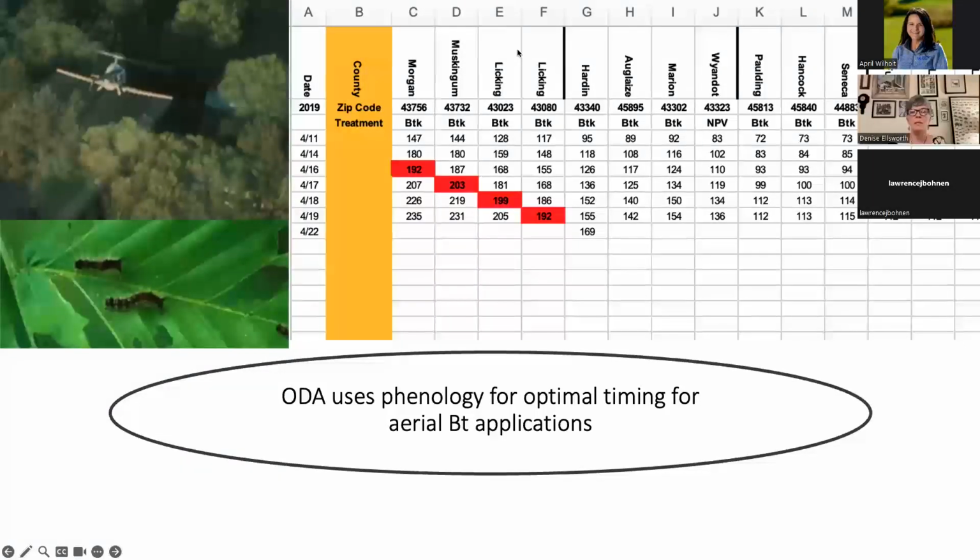Different things are happening, so they're using our calendar to say, okay, is black cherry in bloom? They've identified that as the prime time to spray for gypsy moth with BT. And so if they're going to Licking County, they can use the calendar, figure out when that cherry is in bloom, and what the date of that application should be.